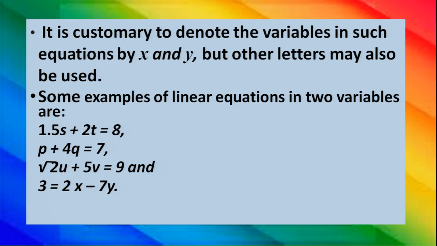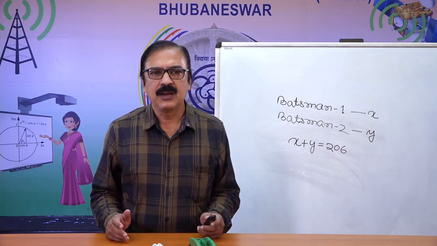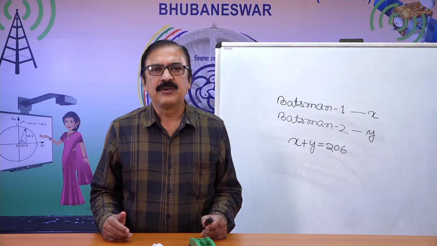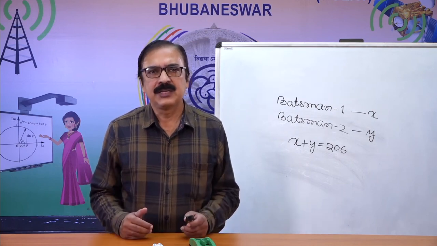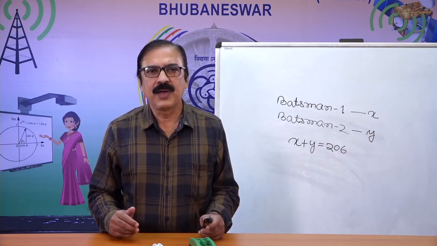And in all those cases, the variable parts are on the left side of the equation. Now see, the last equation we can also write in this way, that the constant is to the left and the variable part of the statement is to the right of the equal sign. So here we have four examples of linear equations. Now let's generalize what a linear equation in two variables is.